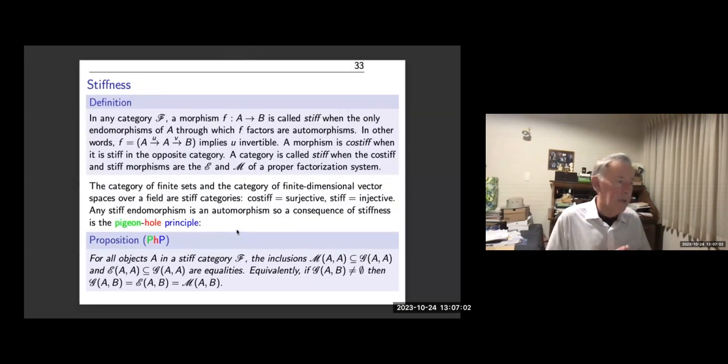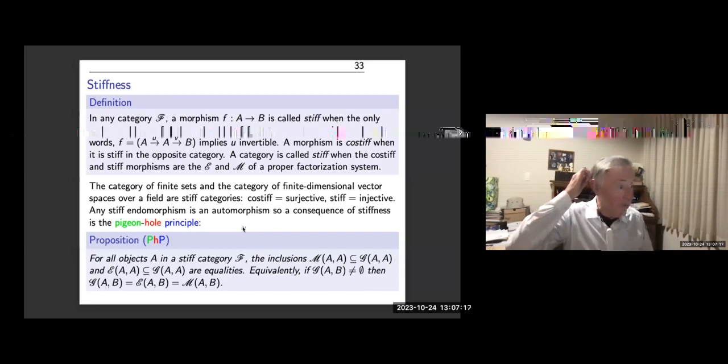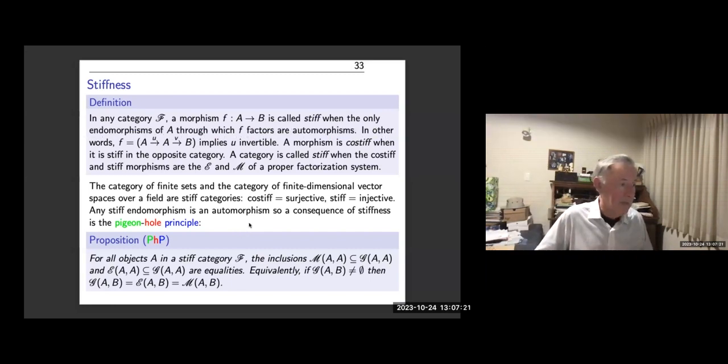This is just trying to show you what properties might give you these idempotents. So I go into a little bit of detail there. I've used some notion of stiffness. Well, I didn't want to call it rigid because that's already been used a lot. But the pigeonhole principle is kind of in there.